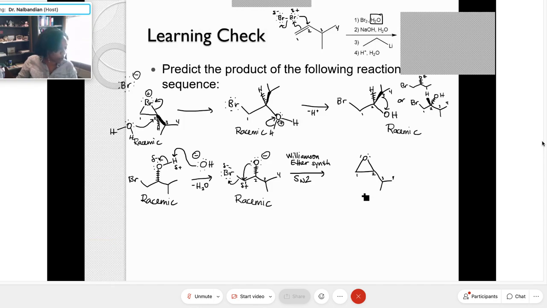With our oxycyclopropane, though, we need to show the stereochemistry. So remember, this 2 oxygen bond that we had initially, this bond is a dashed line. And so as the oxygen comes into attack, it's going to attack on the same face. And so we get both of these as dashed lines.